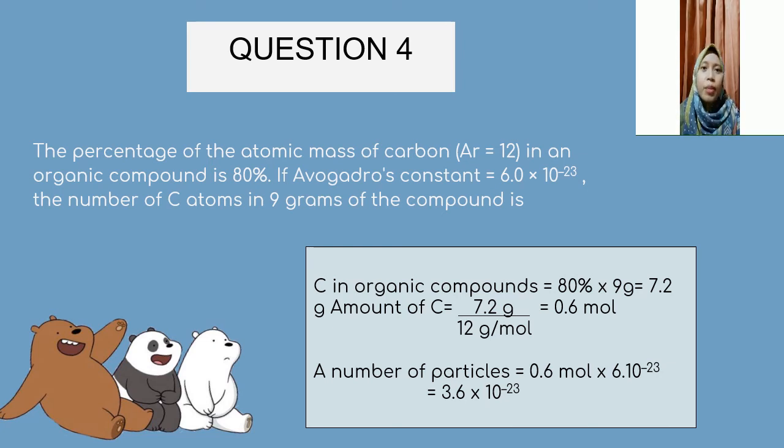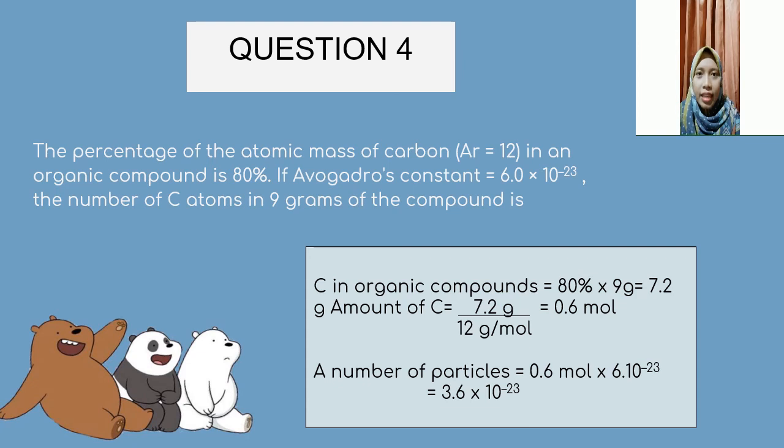Next, determine the mole of C with the mass of C and the Ar of C. We just divide them. The mole of C equals mass of C divided by Ar of C. The mass of C is 7.2 gram divided by Ar, which is 12.